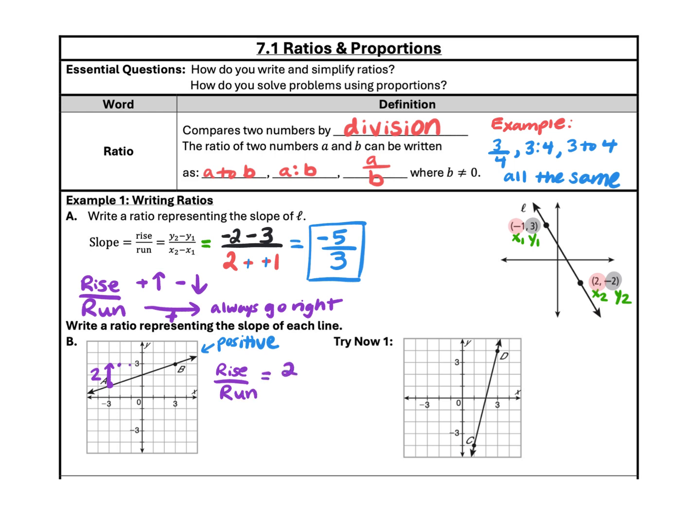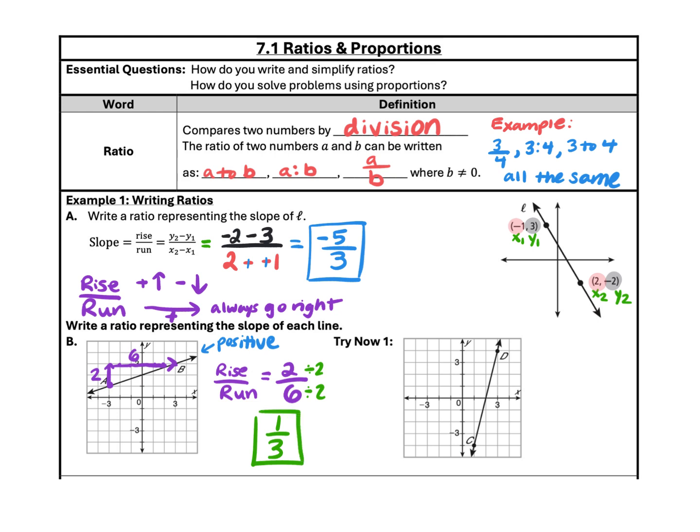So 1, 2, 3, 4, 5, 6. So our slope is 2 over 6, and then we should simplify the ratio or simplify the fraction. 2 and 6 are both even numbers, so if we divide those by 2, we can simplify our slope to 1/3.